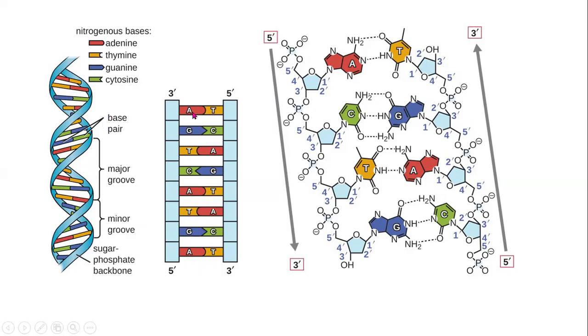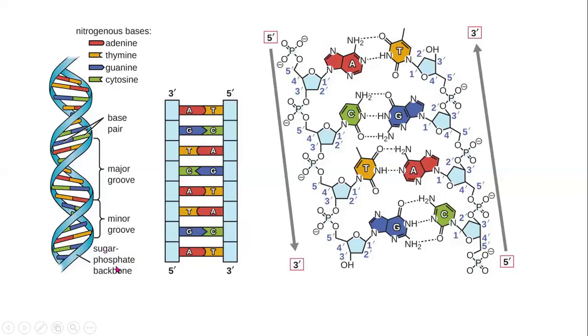You have adenine pairing with thymine, guanine pairing with cytosine. So A with T, T with A, G with C, C with G, that's how they pair, okay? The bond between adenine and thymine is 2 hydrogen bonds, while the bond between guanine and cytosine is 3 hydrogen bonds. You should take note of that.